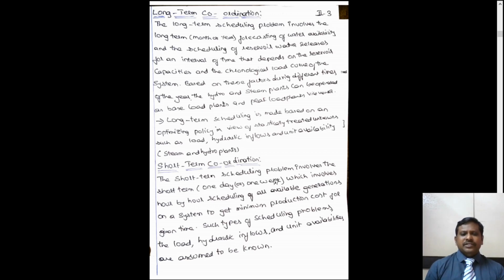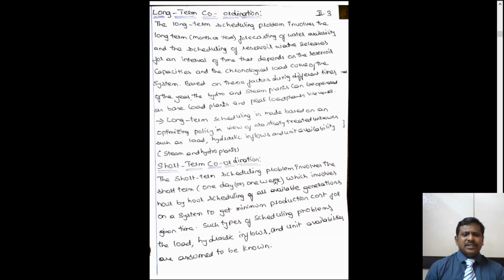In the first unit, generally, we have considered two thermal power plants. We have taken as an example one Simhachalam thermal power plant, and another one is the Vijayawada thermal power plant, right? So in this unit 2, we will be considering one hydro and one thermal. So we can consider the Sealeru hydro power plant.